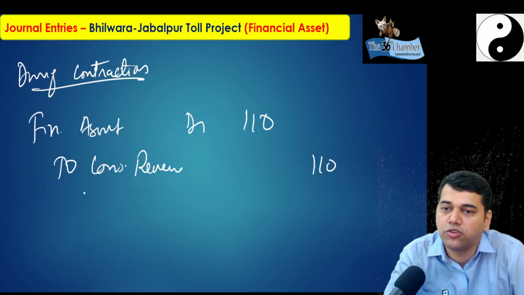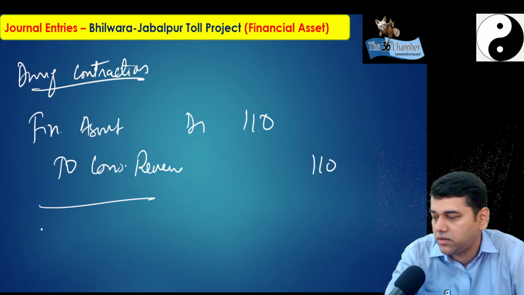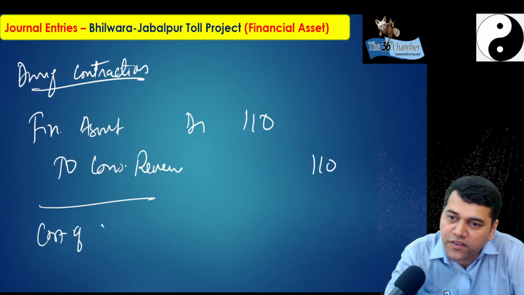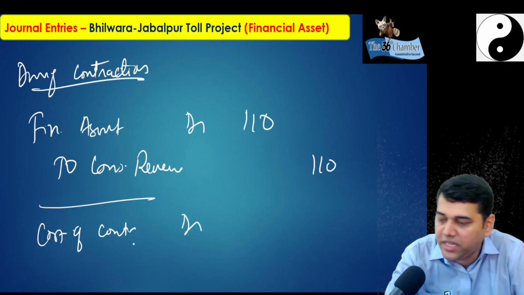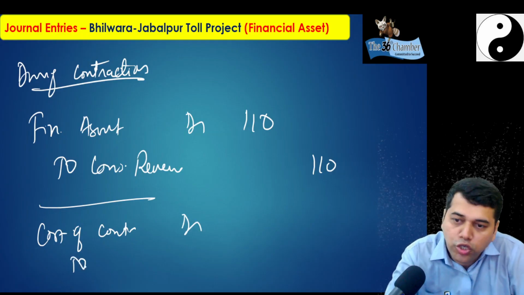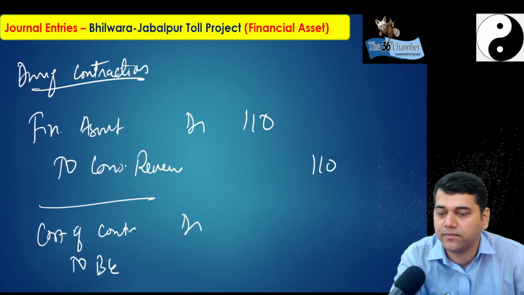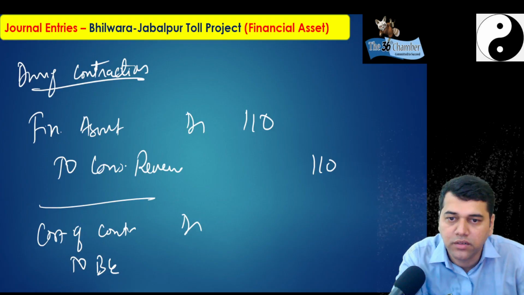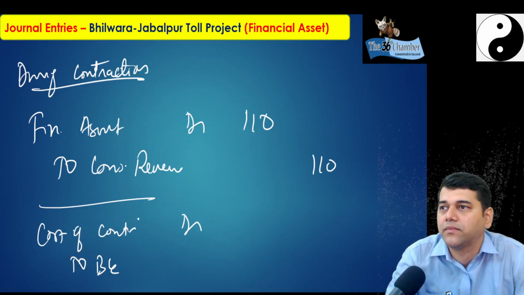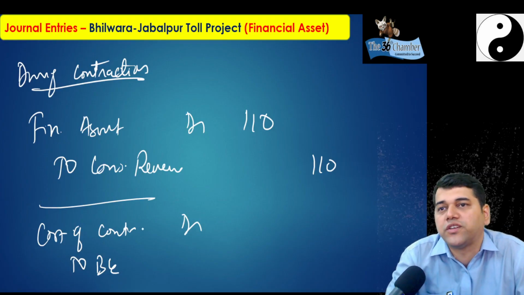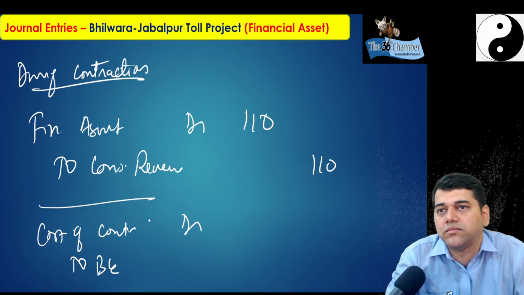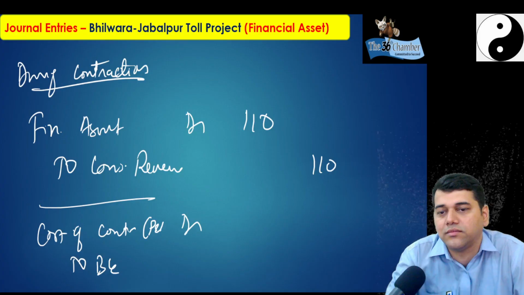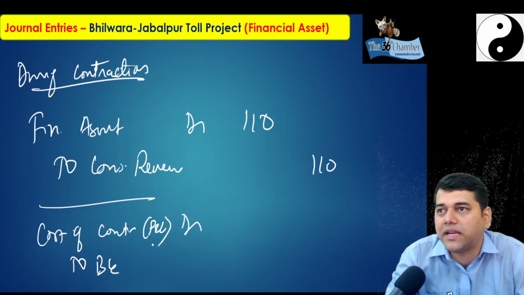What about the construction cost? Cost of construction debit to bank. What should I do with the cost of construction? In bracket I will write P&L.